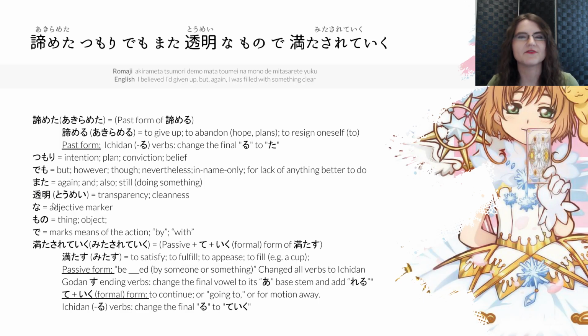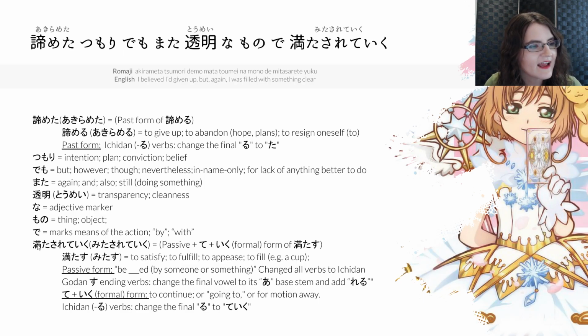This is referring back to the name of the song, which is clear, the name of the anime, Clear Card. So we have this tomei, which is how to say that in Japanese, really. Clear things. And then na, this is the adjective marker for na adjectives because tomei is a na adjective. So you use that to make it describe a noun, which is mono. So tomei na mono means clear things.